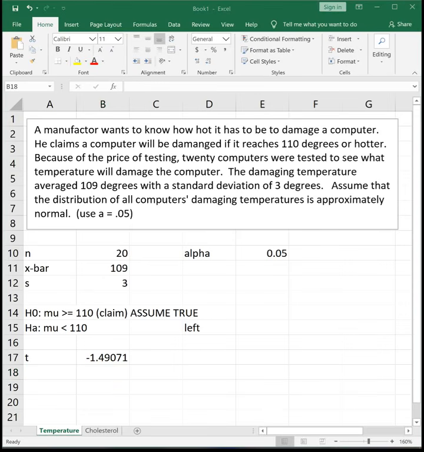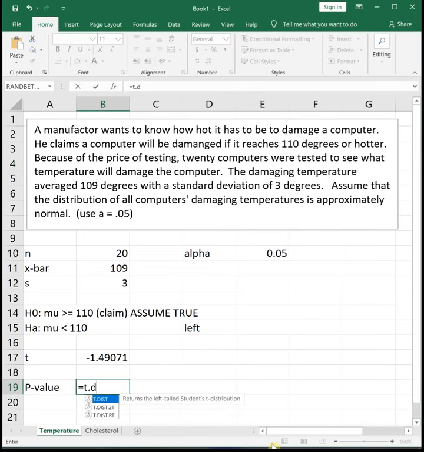Since this is a left-tailed test, we're going to be looking for the area to the left of our t. So we can use our TDIST function to find our p-value. So it's going to be equals TDIST to get the area to the left of our t-value, comma, degrees of freedom, which is n minus 1, which is 19, comma, true.